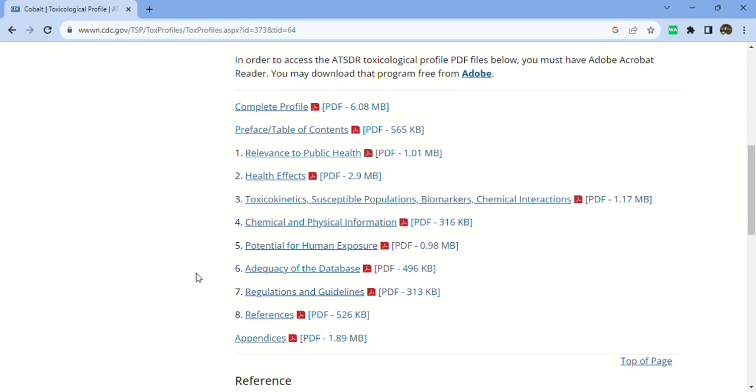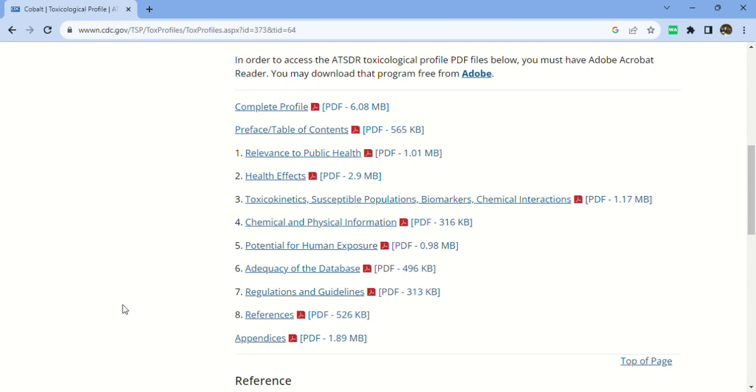I will tell which components are important to read, from where we can have compact information about that drug. Like in the paper they mentioned about cobalt, rather than checking the complete profiling, start with the chemical and physical information. From that we can get an idea about what it is.